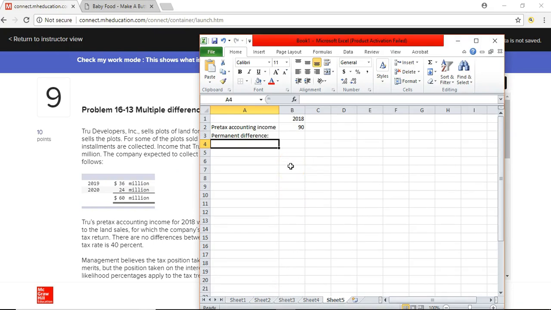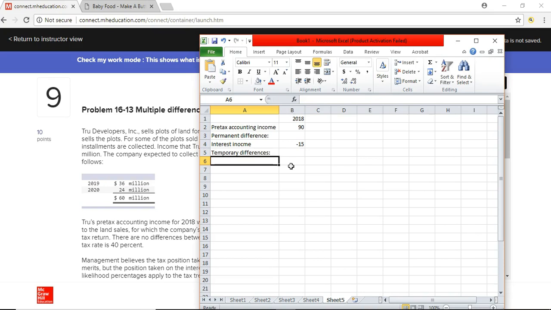That's based on the tax law. It's not because of the accrual accounting. So interest income of $15 million is not taxable. We minus 15. After permanent difference, we will list temporary differences.